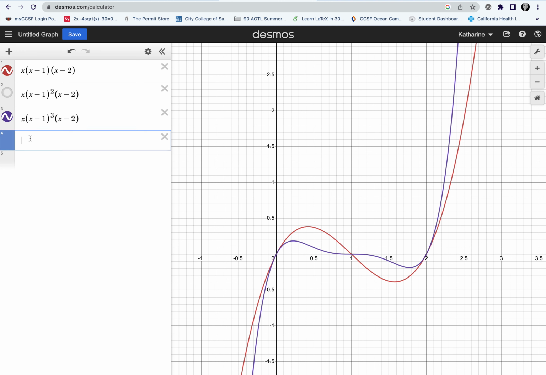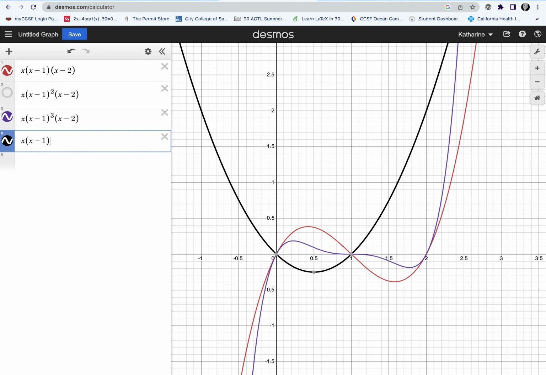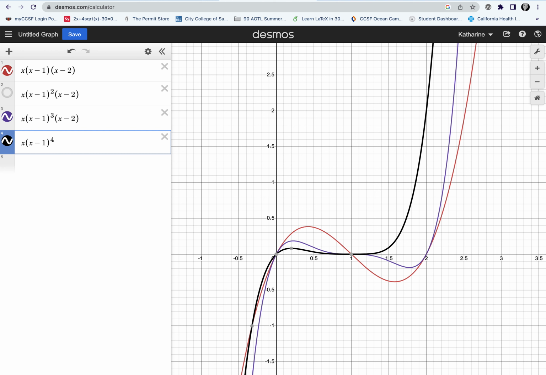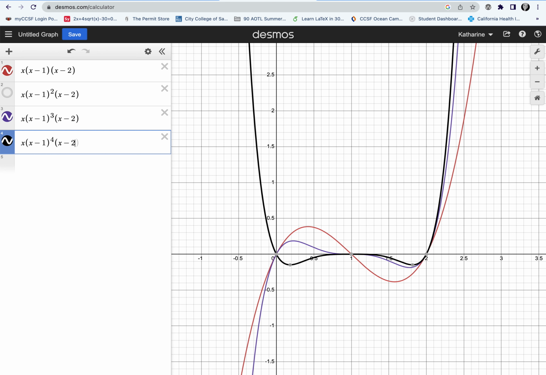And as you might imagine, if I were to keep going and look at what happens when we've got an x minus 1 to the fourth, it gets even flatter right around that zero at 1, 0. So you know you've got a higher exponent, a higher power, when the graph gets really flat.